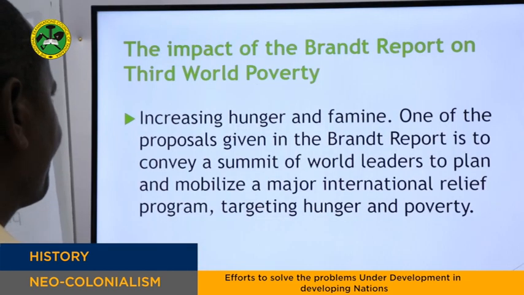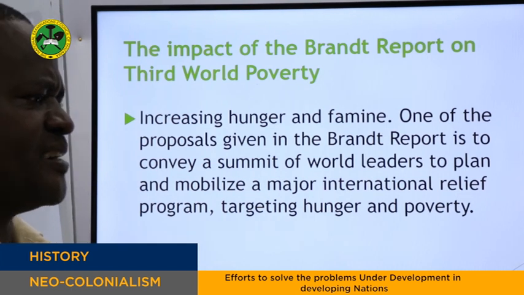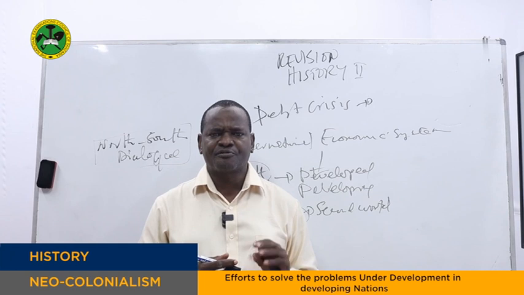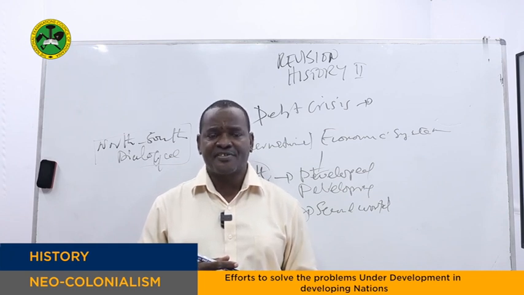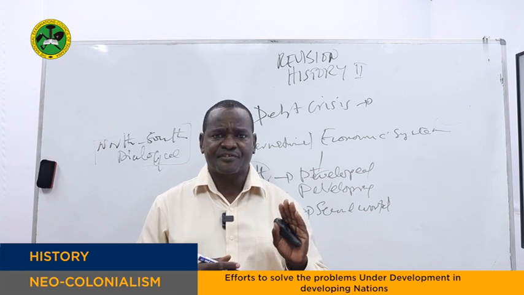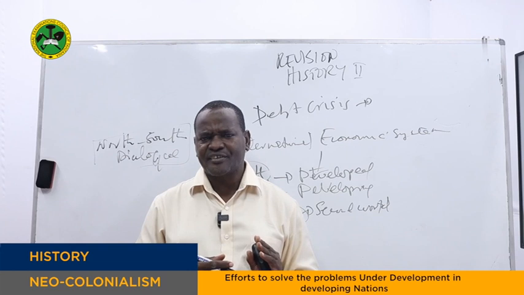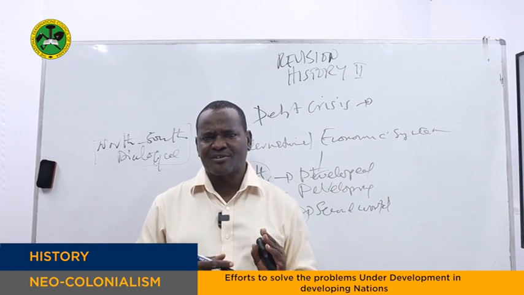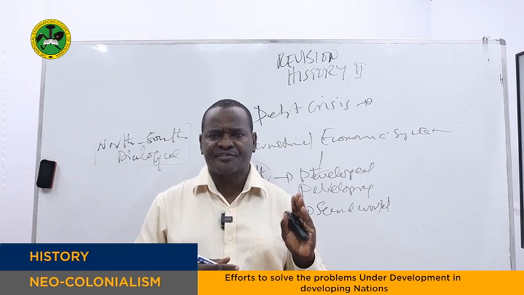Another impact is increasing hunger and famine. There was an increase of hunger and famine among the third world countries because more concentration was put in production of raw materials, as suggested by the Brandt report, that the southern countries depend on the north as the north depends on the southern countries. The southern countries are the producers of raw materials, so they have to produce raw materials to feed the northern countries' industries.